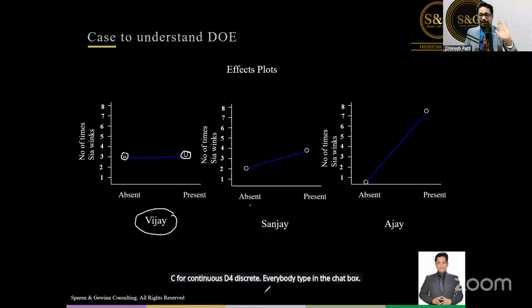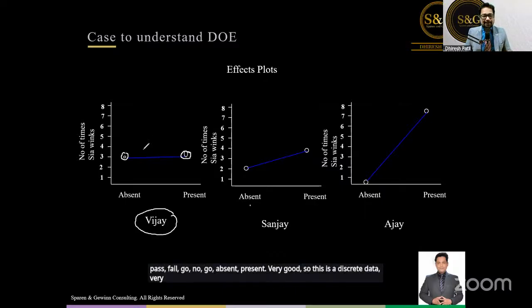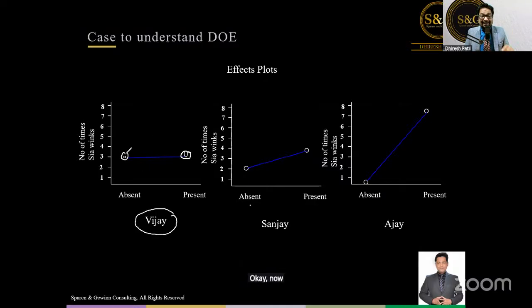Continuous data we have seen, we can measure on a continuous scale. Discrete data is pass, fail, go, no go, absent, present. Very good. So this is discrete data. Now 3 times Vijay was absent, and here is the number of times Sia is smiling.